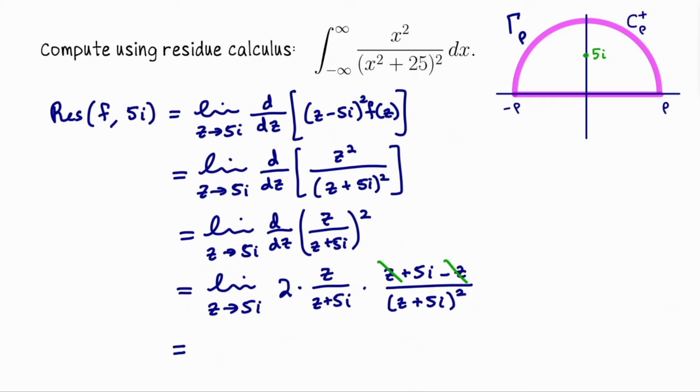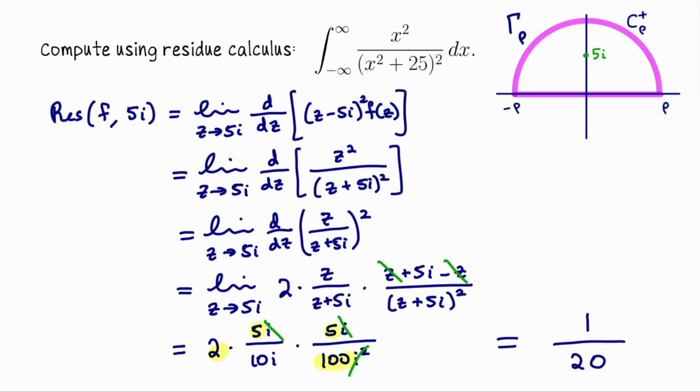That will be 2 times 5i over 5i plus 5i, so that's 10i, times 5i again over 10i, that quantity squared, so that's 100i squared. Okay, the final result over here to the right. Let's see, we can cancel out i squareds. 2 times 5 is 50 over 100, which is a half, but times 1/10 is 1 over 20. And then I will leave the remaining i in the denominator because it will cancel nicely when we evaluate the integral.